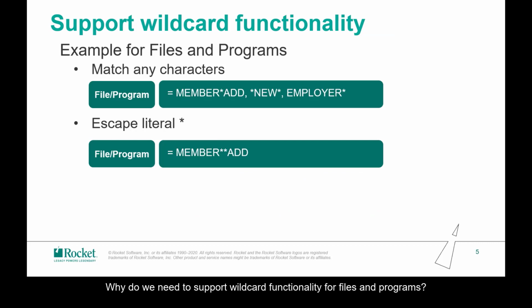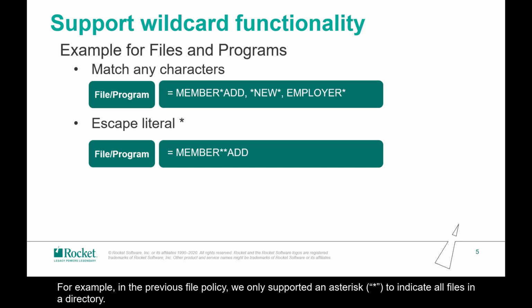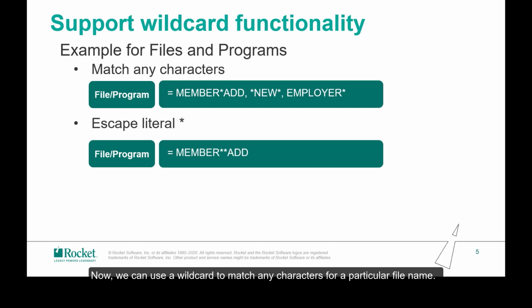Why do we need to support wildcard functionality for files and programs? For example, in the previous file policy, we only supported an asterisk to indicate all files in a directory. Now, we can use a wildcard to match any characters for a particular file name.